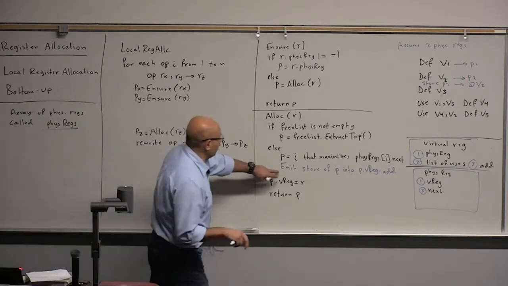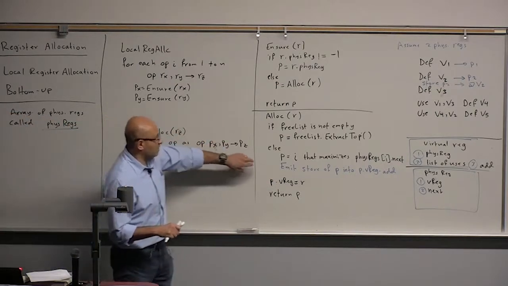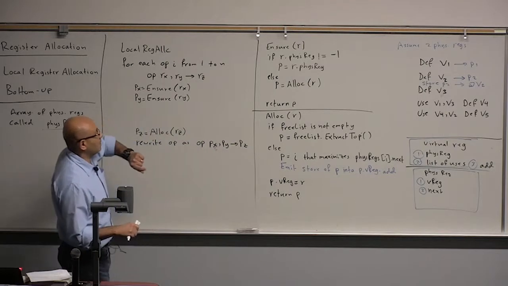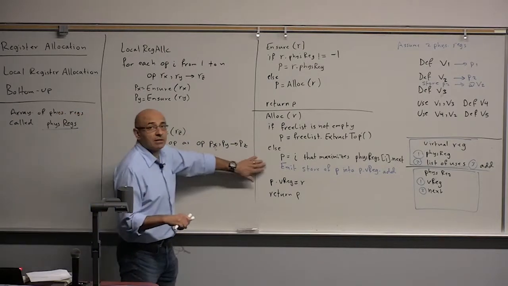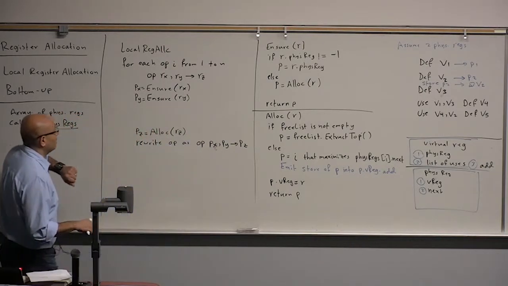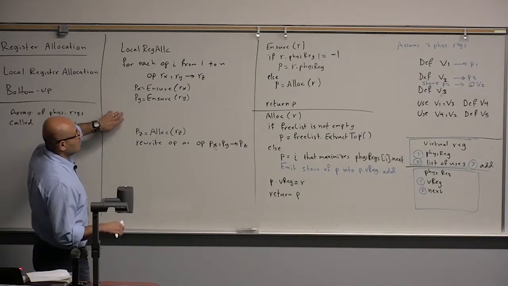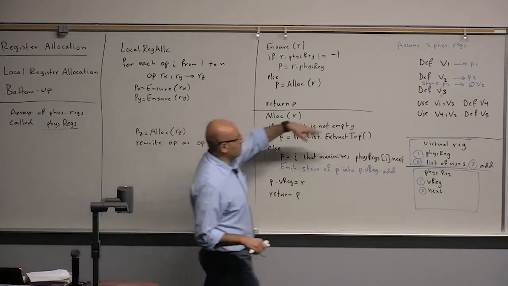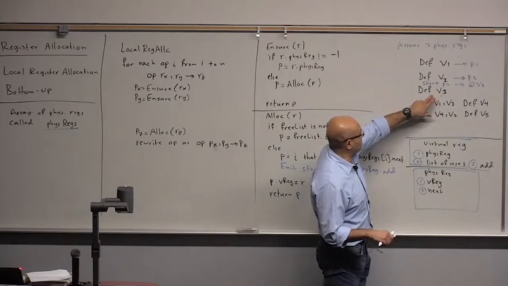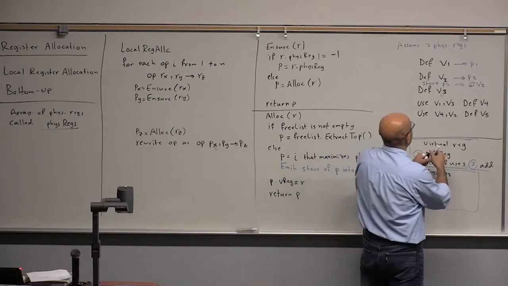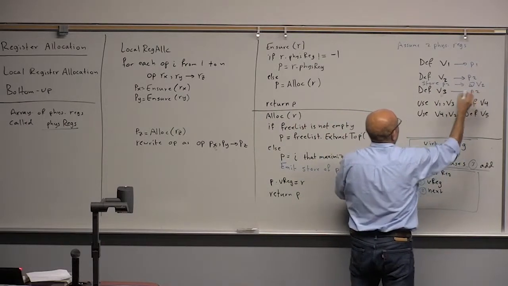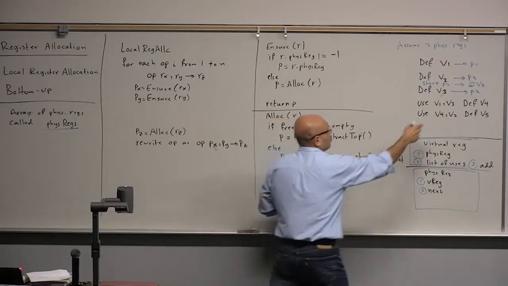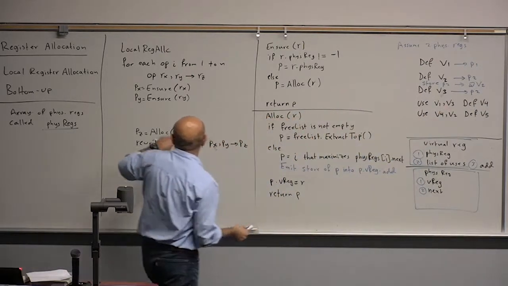Okay. Now we realize that we need to issue a store when we allocate, so that we spill the register that currently has this physical register. We will issue the store, and then this gets P2. Then we need to do ensure for these. So we call ensure for V1.